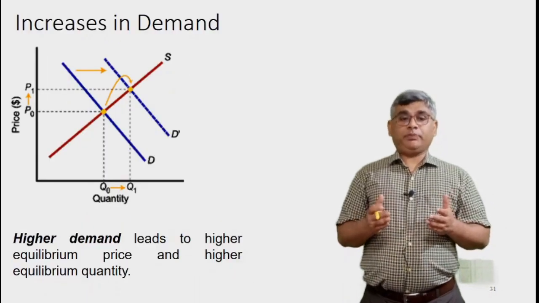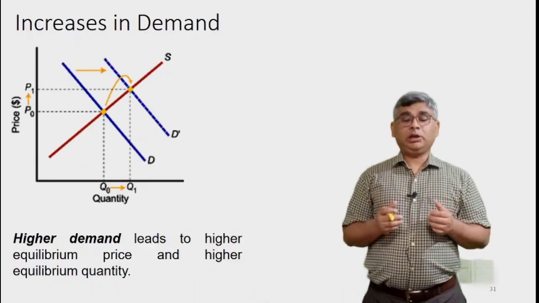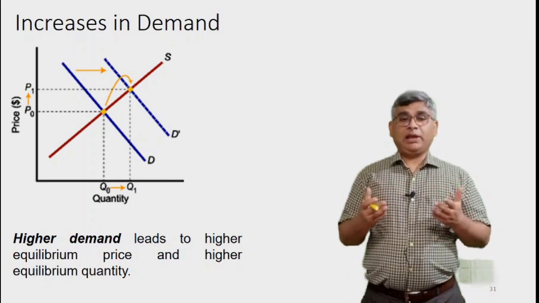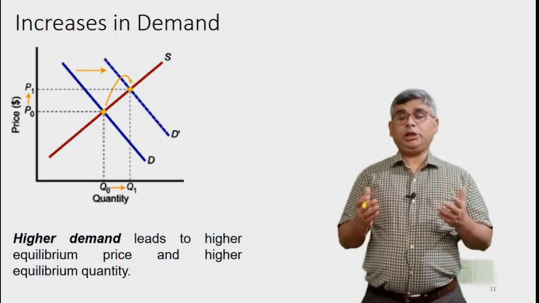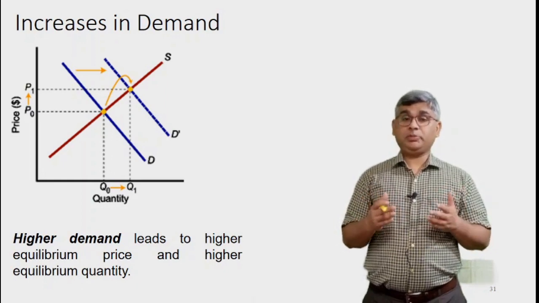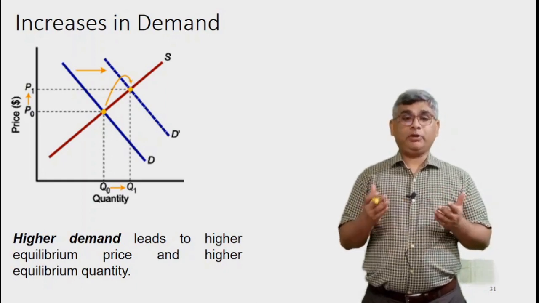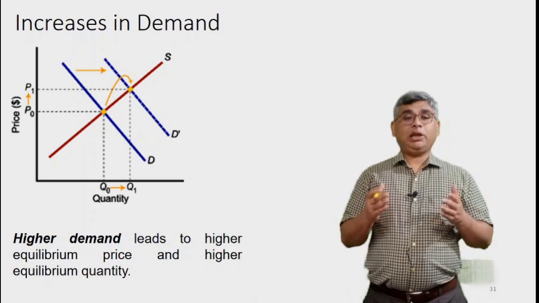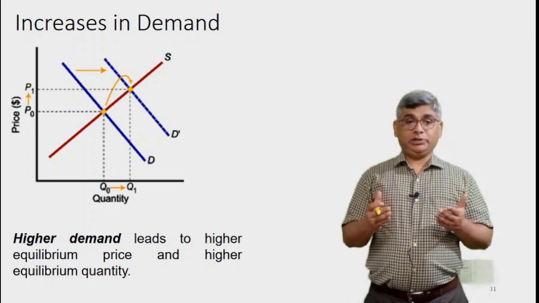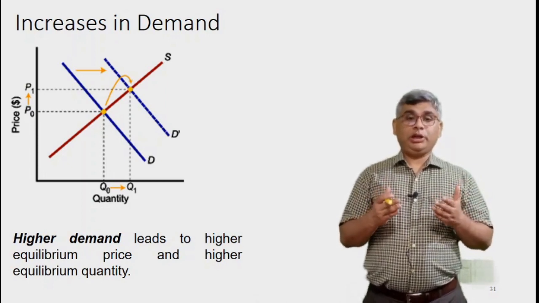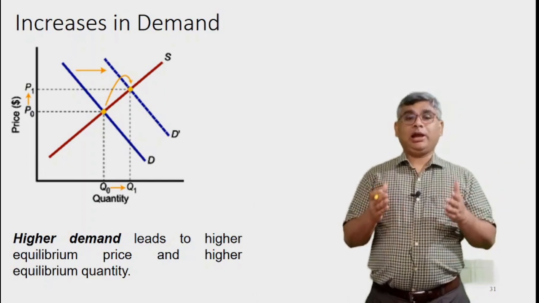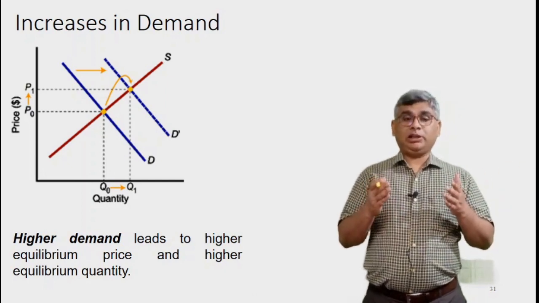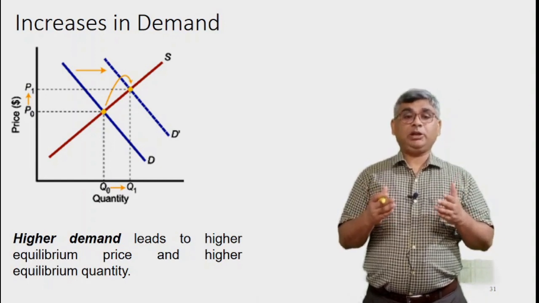Now let us see a few implications. Say, for example, the supply curve remains the same and the demand increases. Demand increasing means that we have a new demand curve. Initially the supply curve is S and the demand curve is D. At the equilibrium point, the price is P0 and the demand and the supply are at Q0.